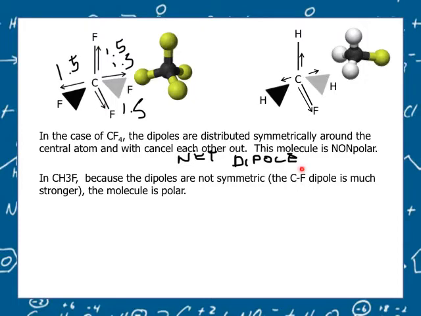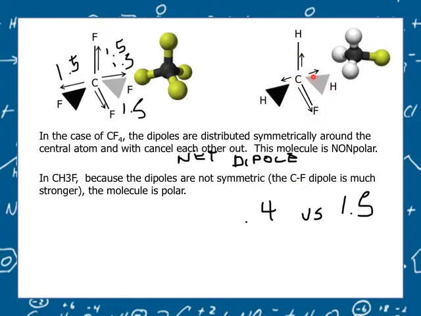The CF dipole is much stronger because remember we're talking about 0.4 versus 1.5. And so I've indicated that by making that arrow much, much longer. So these dipoles are not symmetric. This would be like having our four-way tug of war, but three of the teams are rather weak.